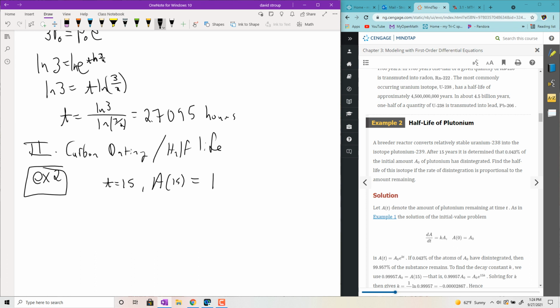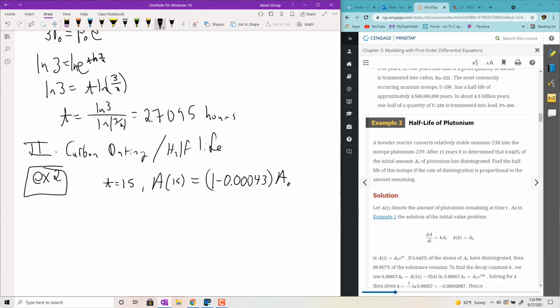In other words, 1 minus 0.00043, and that's given as a percent, so you really have to move the decimal two places to the left, right? So 0.00043 times a sub 0, the initial amount.